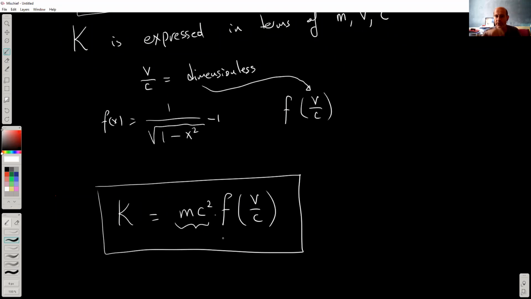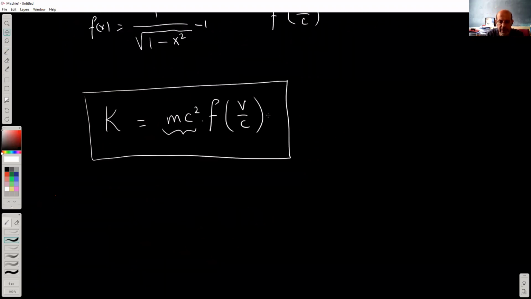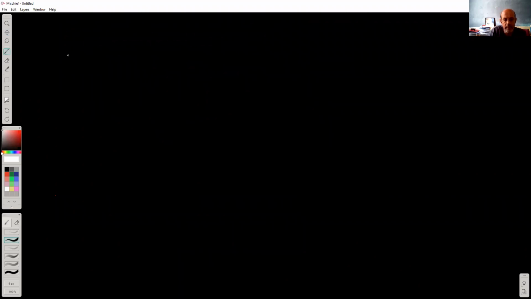But there are situations where on the right-hand side we cannot form any dimensionless ratios like that. In this case, we can guess what the formula is, right? That's one example. I'm just going to write this thing down.